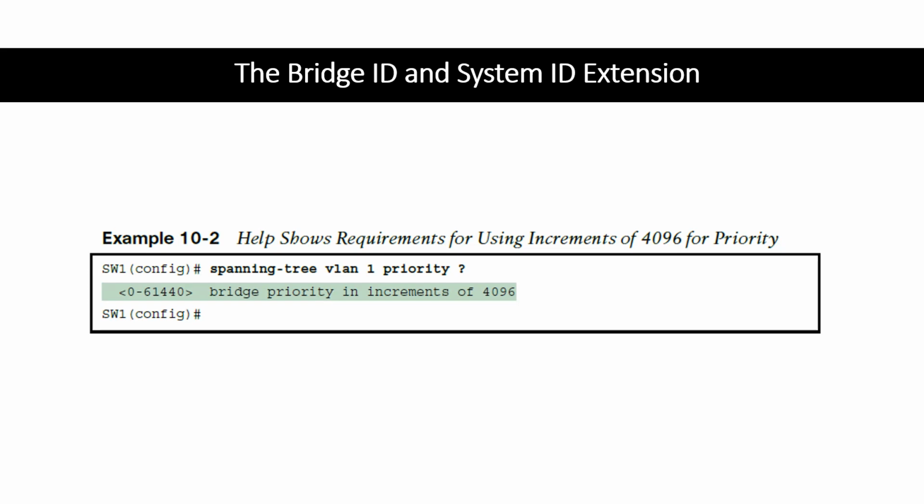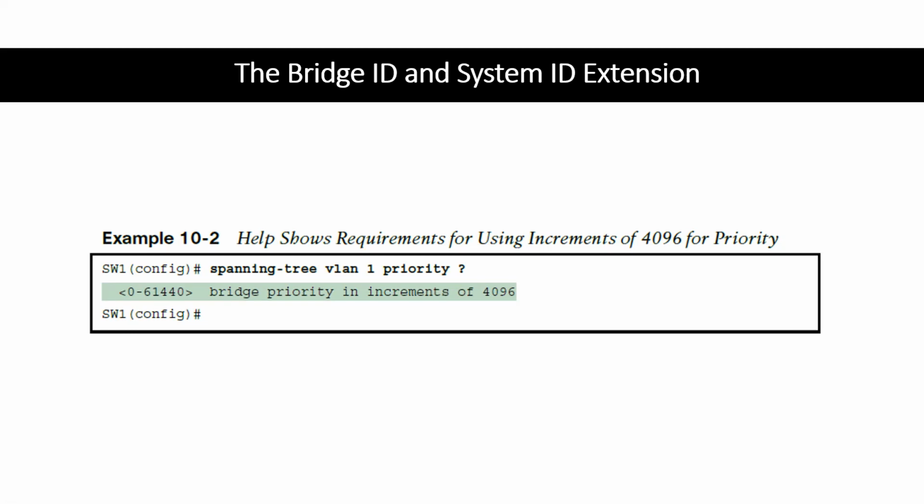We need to make sure we're doing it in increments of 4096. You can use any number, but it's better to do so because of the different commands like setting the primary root and, of course, the secondary. These are things you want to configure. And I think the device, if I'm not mistaken, will give you a little warning if you go outside of increments of 4096.